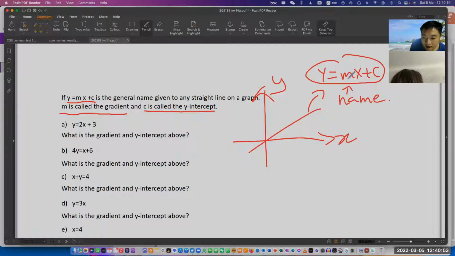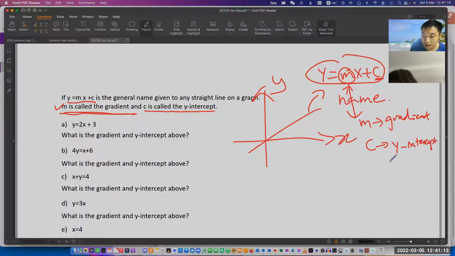So every straight line has this name, y equals to mx plus c. The m here is called the gradient, and the c is called the y-intercept. Just remember they are names.